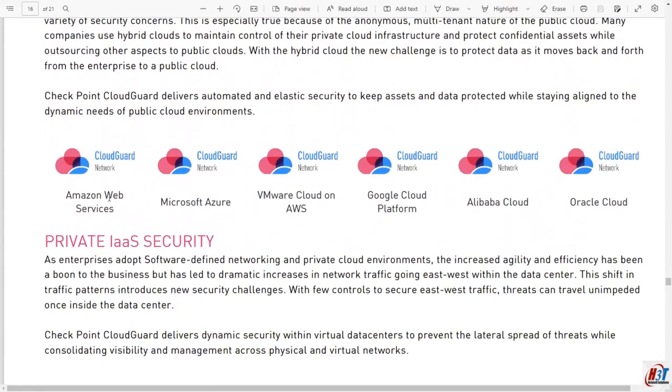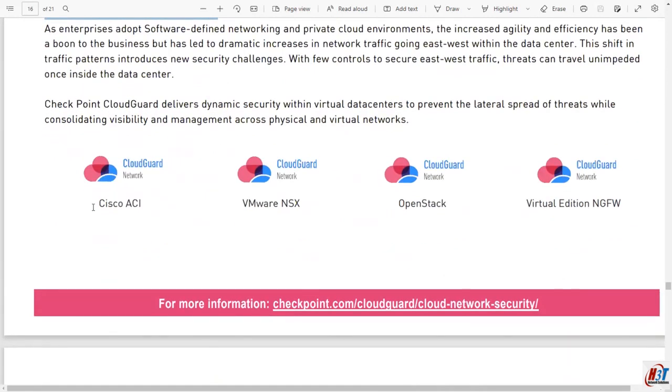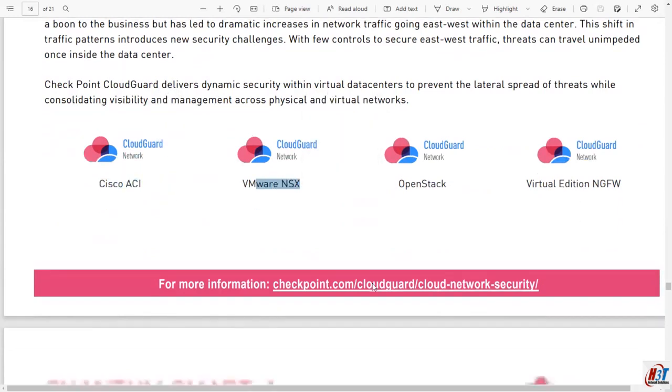And then these are the providers that you can go for, right? Oracle, Alibaba, VMware Cloud on AWS, Google Cloud Platform, Microsoft Azure, AWS Web Services. And then you have the option to deploy them on the private IaaS security, I mean the private cloud side as well, which the providers could be Cisco ACI, VMware NSX, OpenStack, Virtual Edition, and GFW.